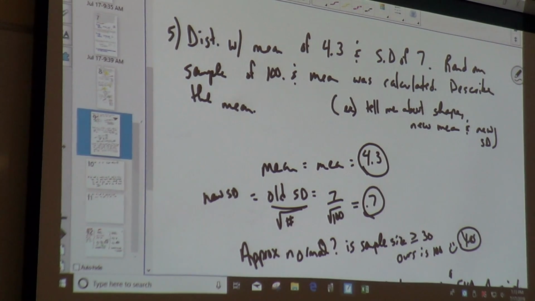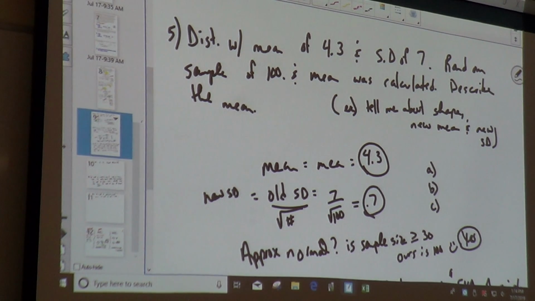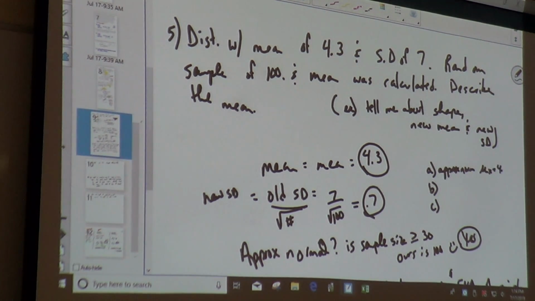So on your test, the answer choices are going to be things like, it's approximately normal with a new mean of 4.3 and so on, but you get the point. And then it's going to say shape unknown.